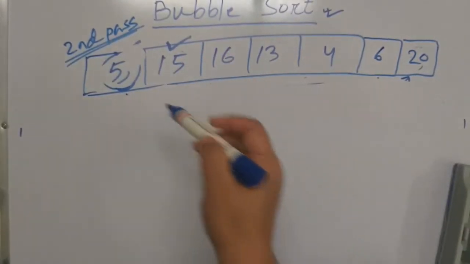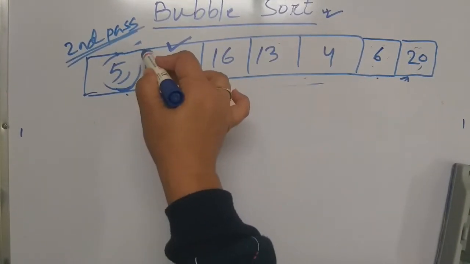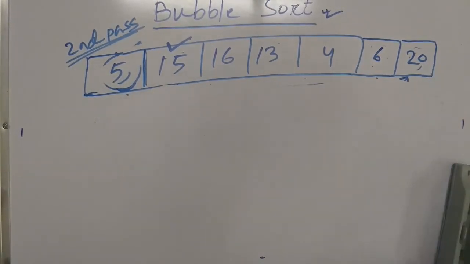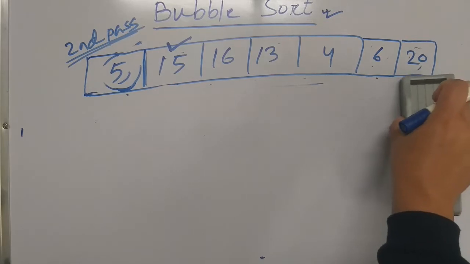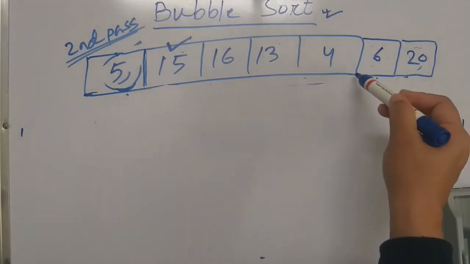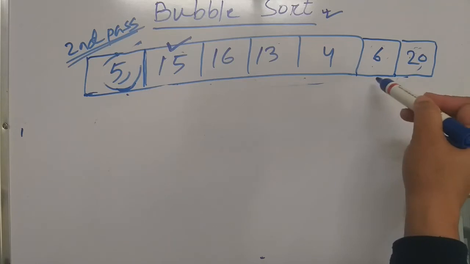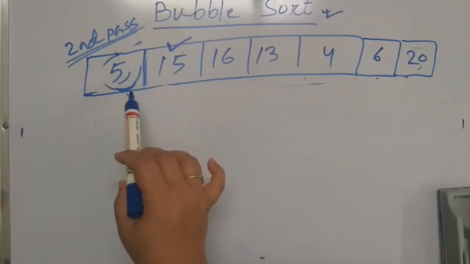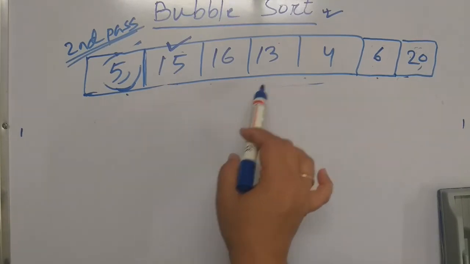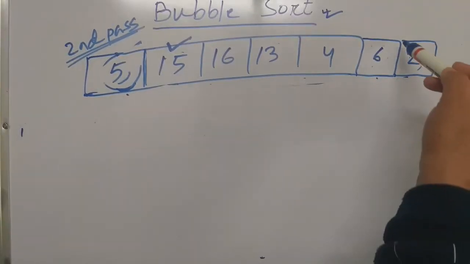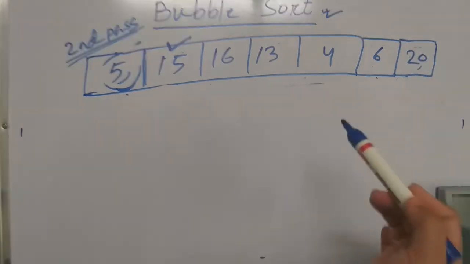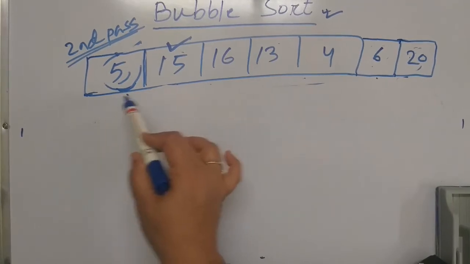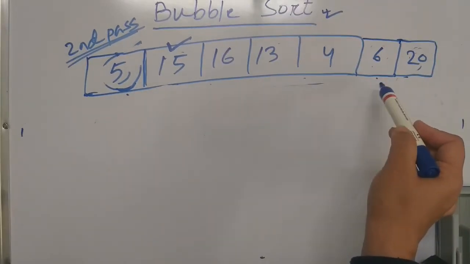Whatever the result from the first pass, this is the input for the second pass. How many comparisons are there in the second pass? One less than the total number of comparisons. First it compares with this, but here 20 is in its appropriate position, so we are not comparing this 20 once again. Our comparison is restricted up to 6.